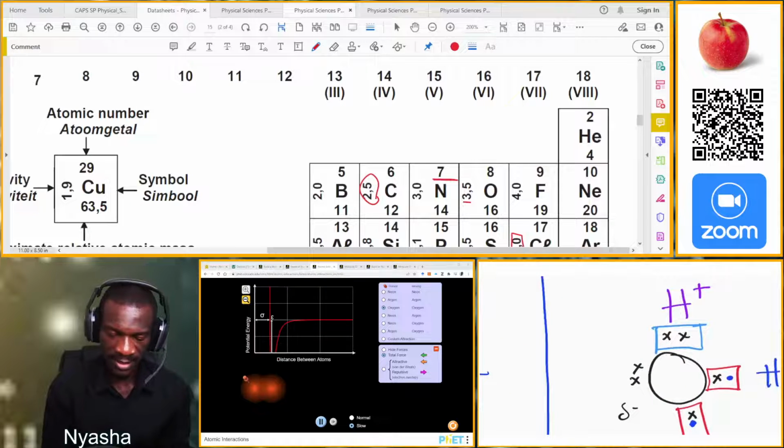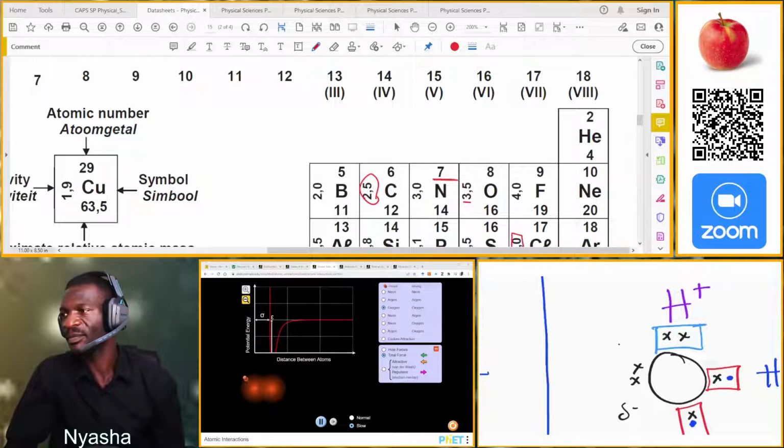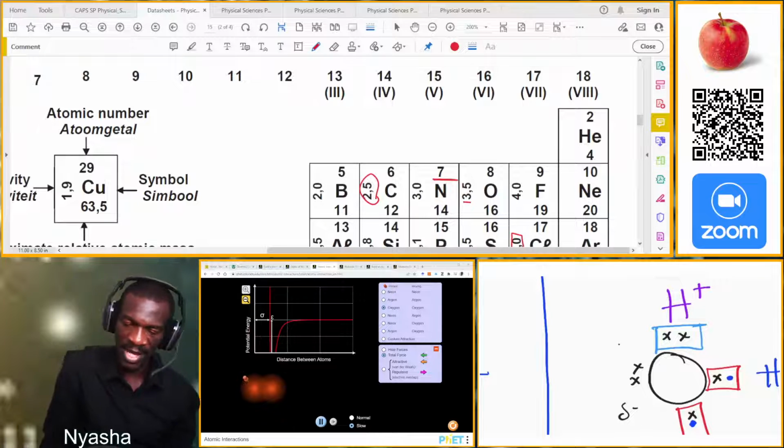These are our lone pairs. So this is lone pair number 1, this is lone pair number 2. As long as we now have our 2 electrons participating, we're happy.